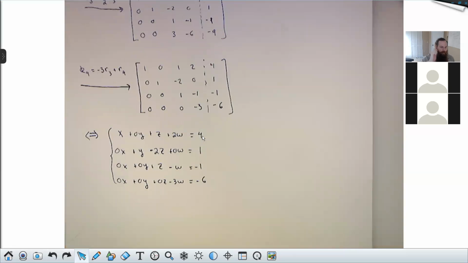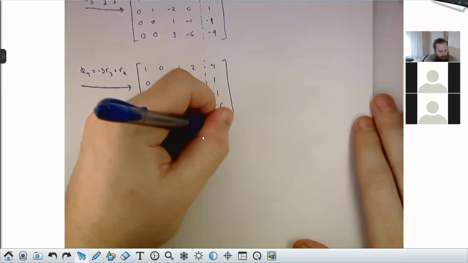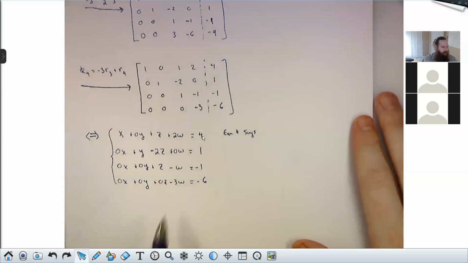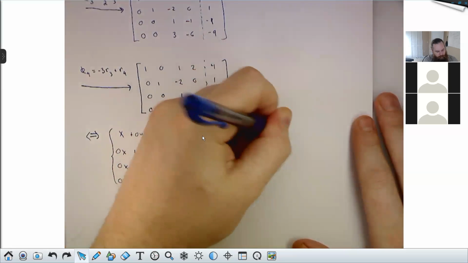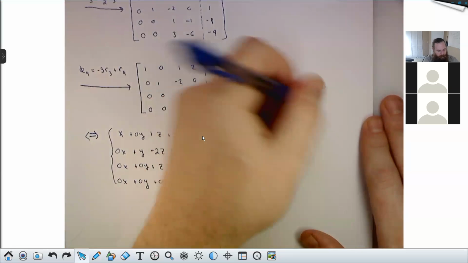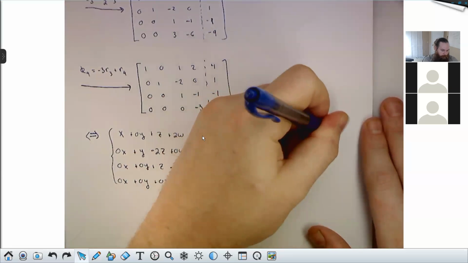And that last equation, equation 4, says -3w equals -6. And if you divide both sides by -3, you get that w is 2.